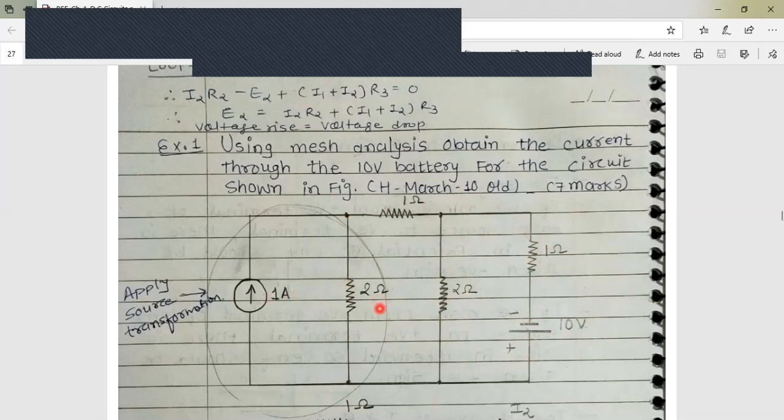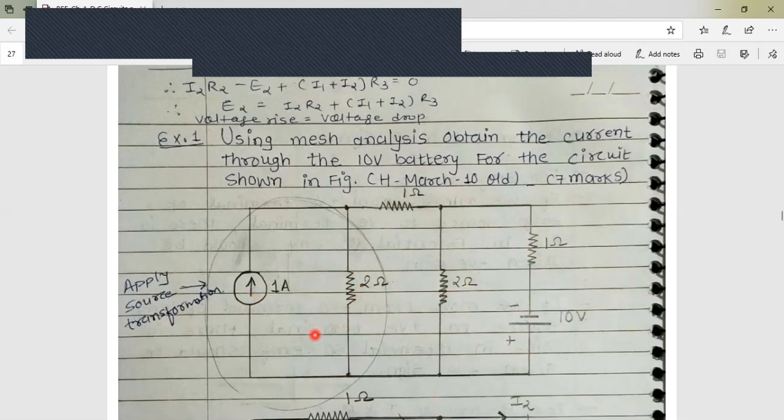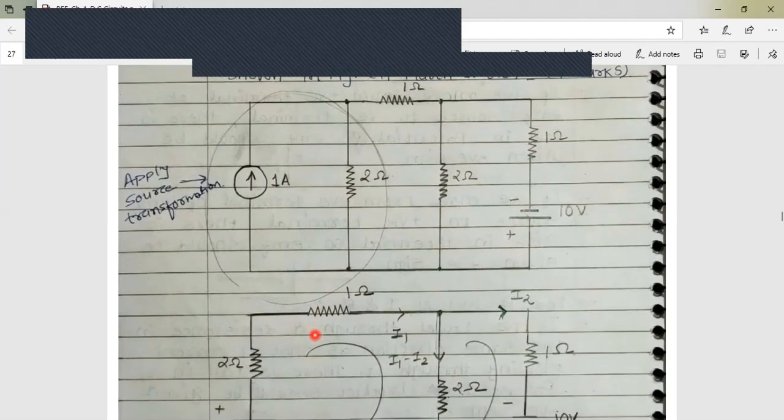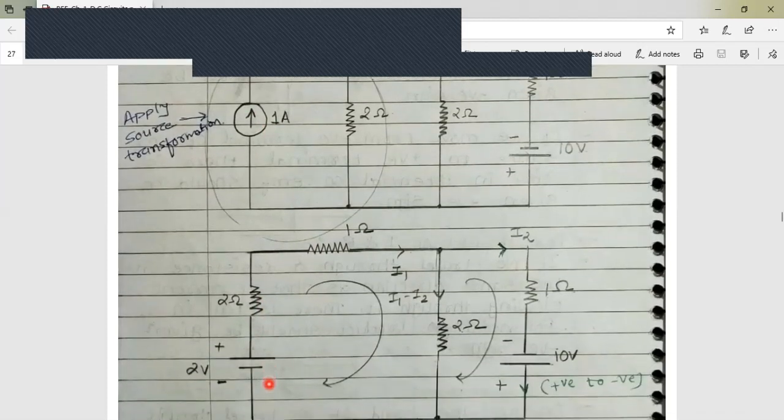First of all, we are going to try to reduce the circuit by using source transformation. We can convert a current source in parallel with a resistance into an appropriate voltage source in series with a resistance.